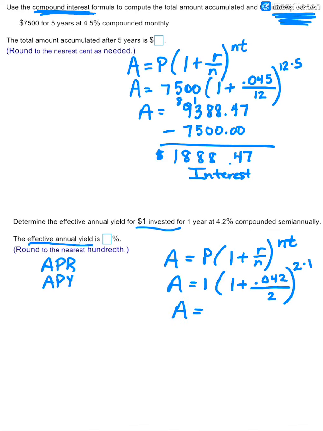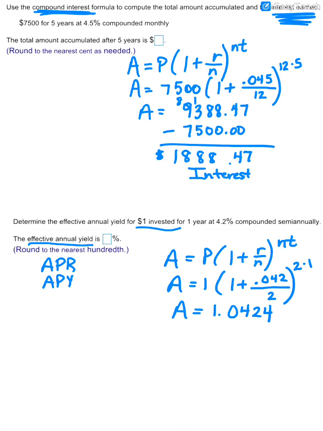So again, I'm just going to hop on my calculator. 1 times, parentheses, 1 plus 0.042 divided by 2, and then I'm going to raise that to the power of 2. And so my dollar would have grown to become 1.0424.